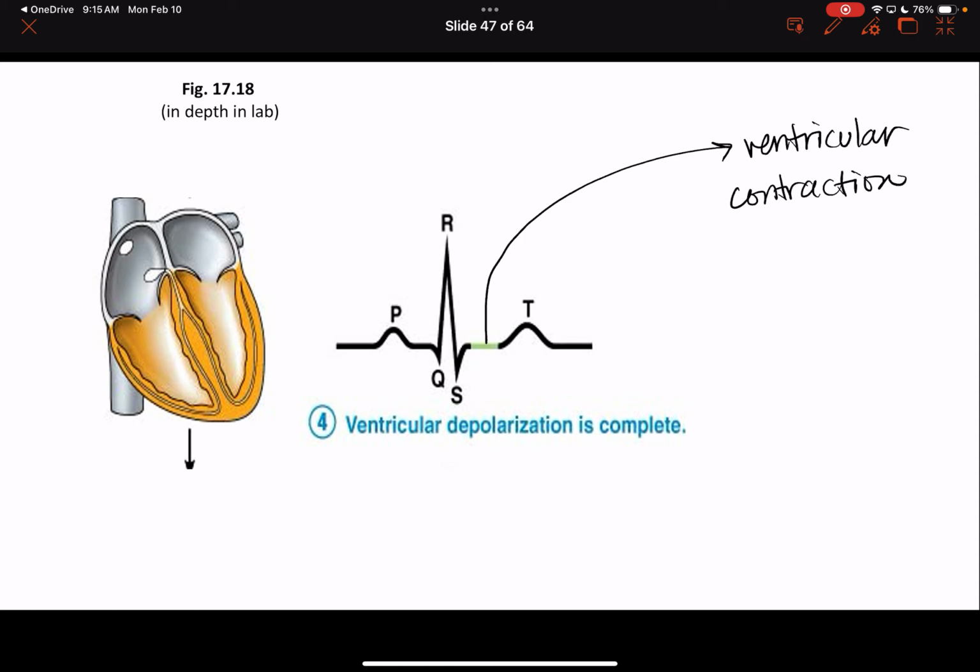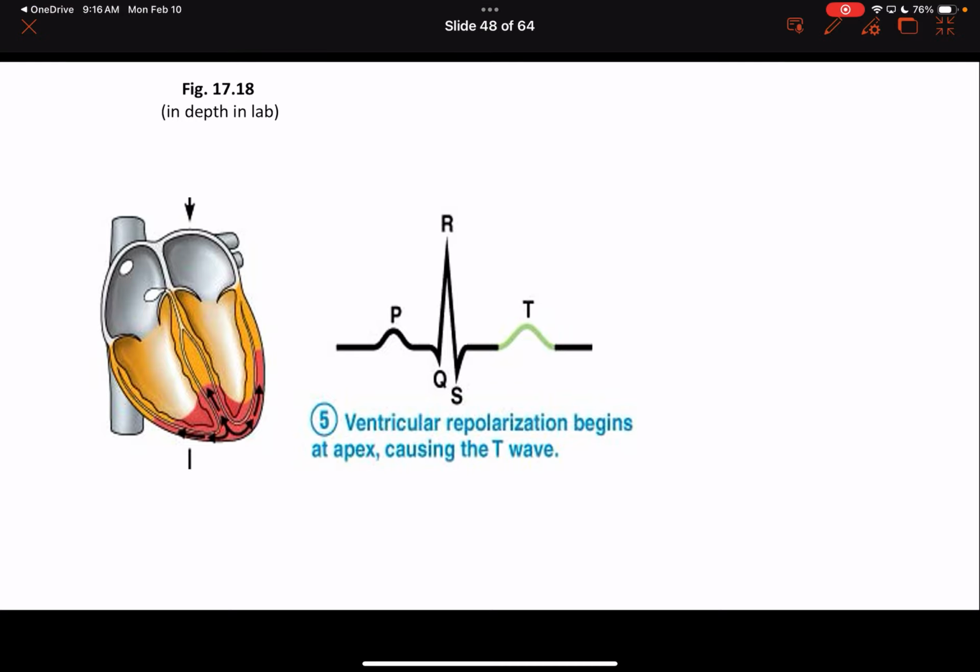And then our last wave is the T wave, and that is showing us ventricular repolarization. So the coming down of that action potential.